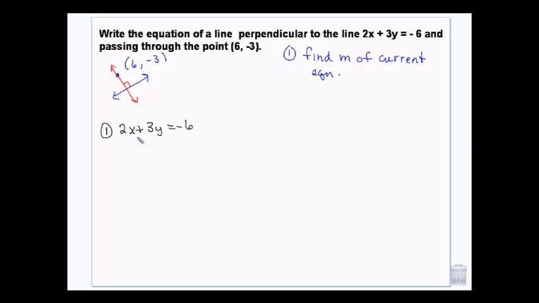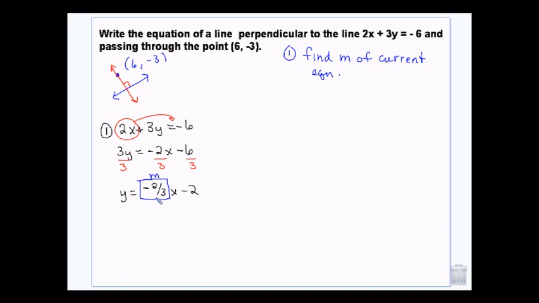So we can tell what the slope is. So I take that 2x and I bring it over. So it's now negative 2x because I switch sides, so switch signs. And then I divide by this 3. And I get y is equal to negative 2/3 x minus 2. Here is m.